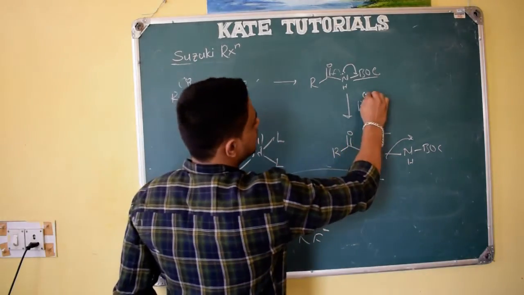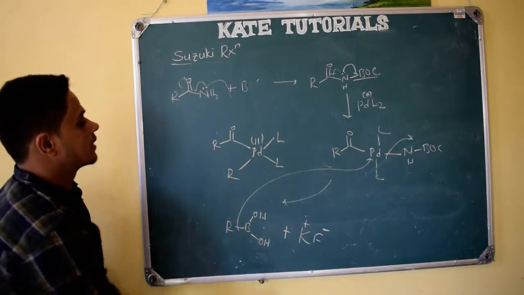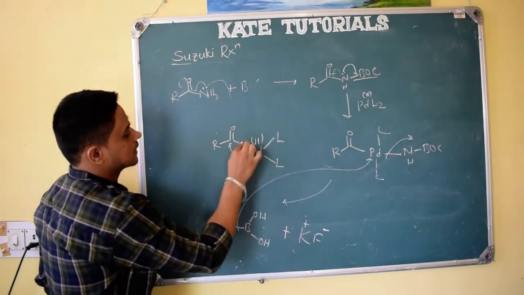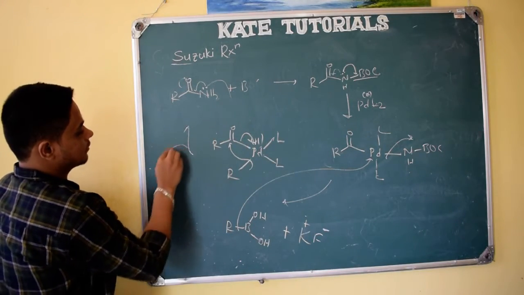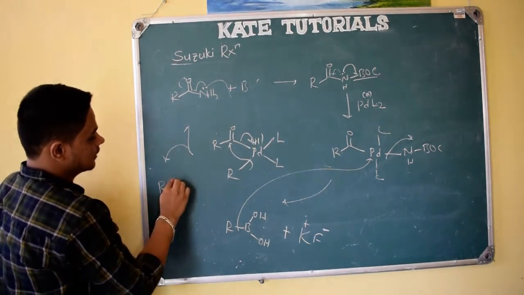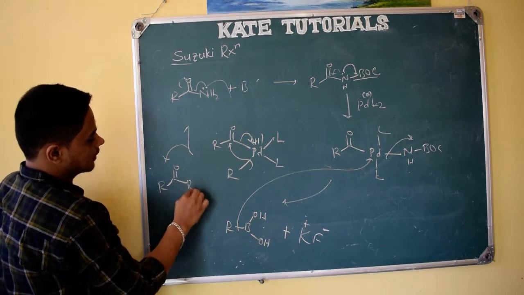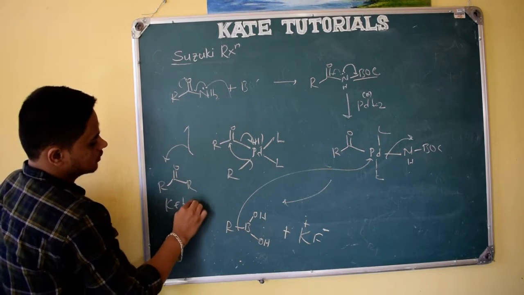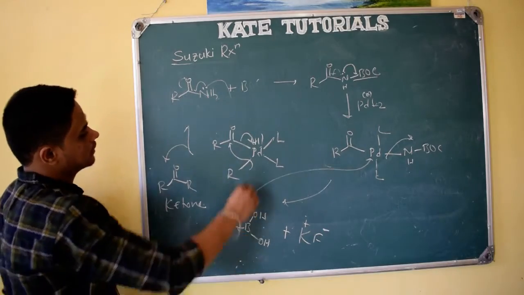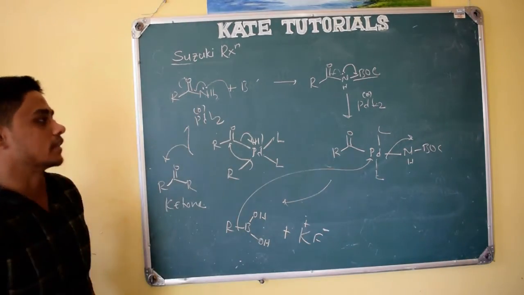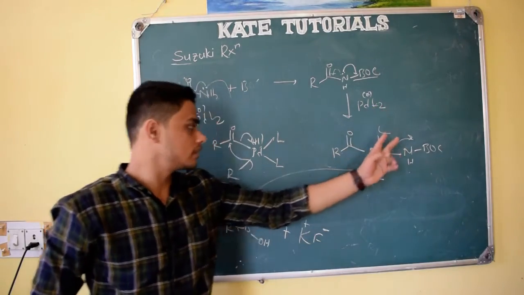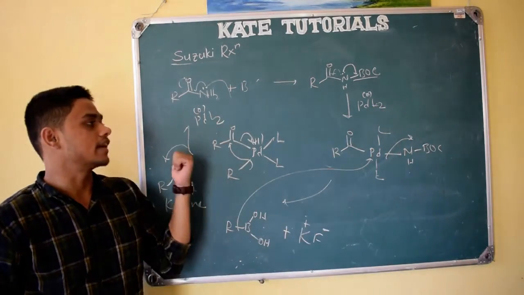Initially it was in the 0 oxidation state and now +2. In reductive elimination, as I have told you, the product we got is COR, the ketone, and this PdL2 is back in the zero oxidation state. So here it is oxidative addition, transmetallation, reductive elimination.